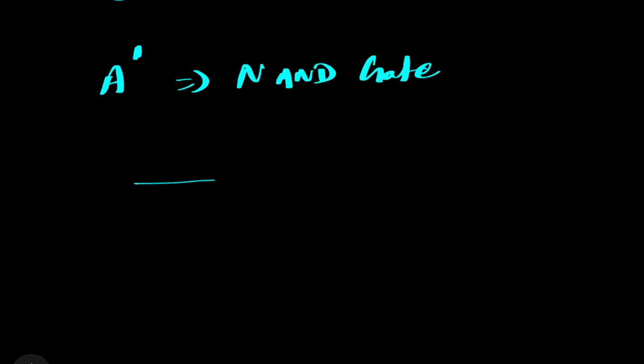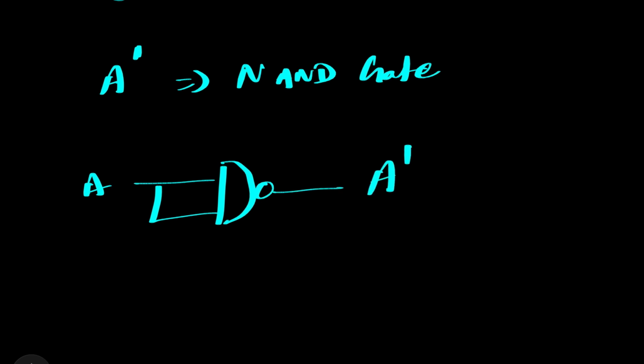By giving the same input A to the NAND gate, we get an output that is A inverse. If you give the input as 0, we get the output as 1. If we give the input as 1, we get the output as 0.